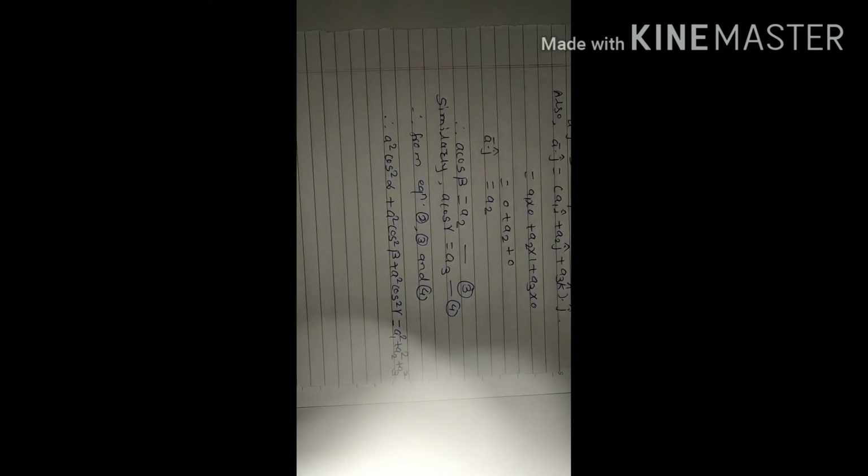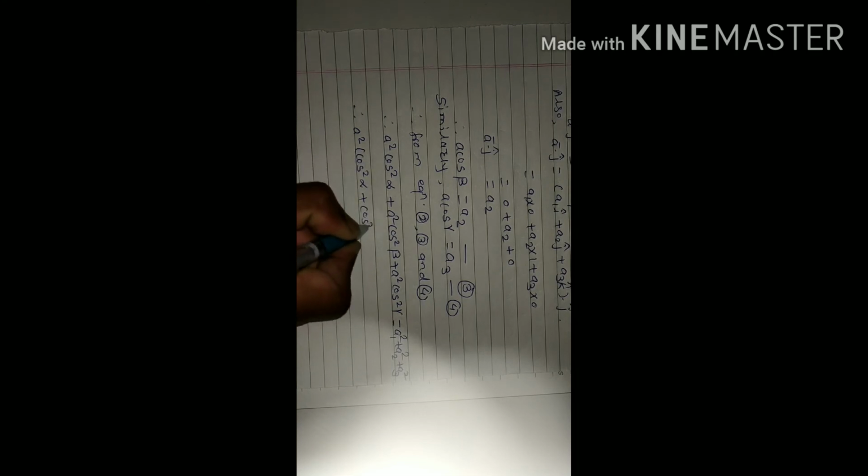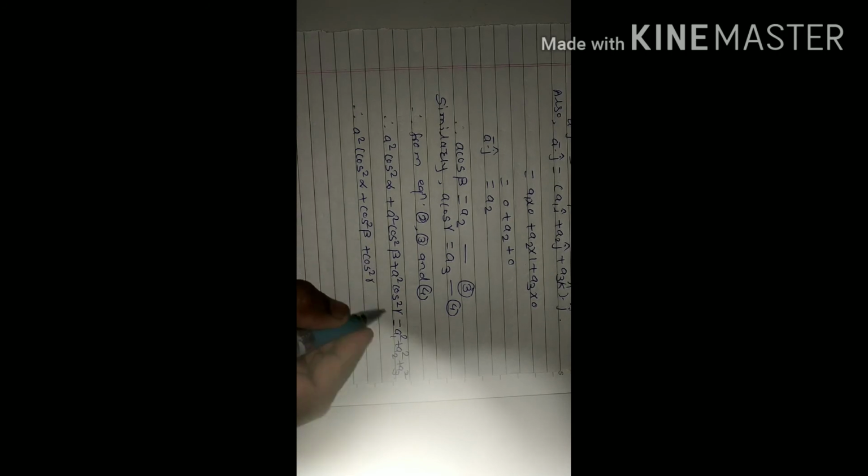Taking A square common, we write A square into cos square alpha plus cos square beta plus cos square gamma is equal to A square.